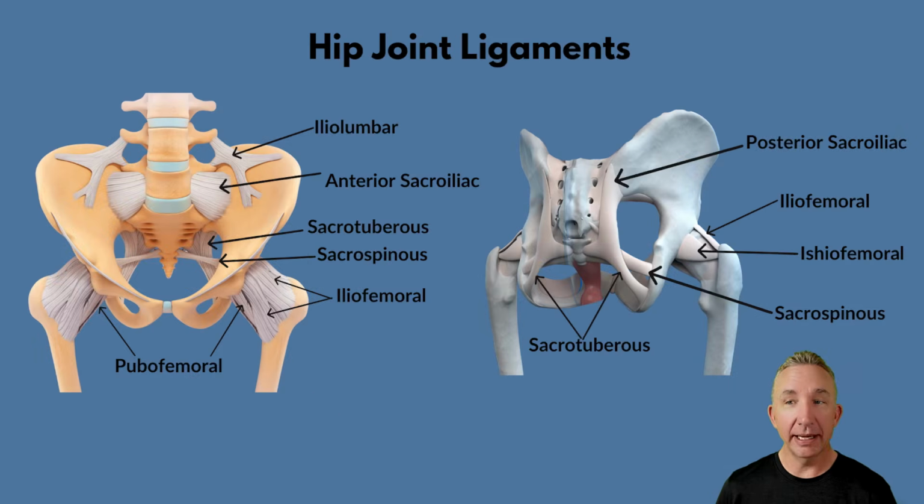So as we look at hip joint ligaments, I'm showing you an anterior view on the left and a posterior view on the right. First, as we describe how we connect the ilium bone to the lumbar vertebrae, we call it iliolumbar. Like our previous videos, the words help to describe the joint where the two bones come together and how we connect them with the ligaments.